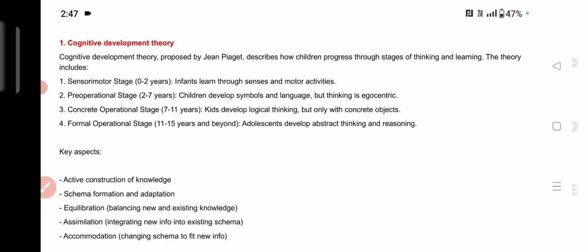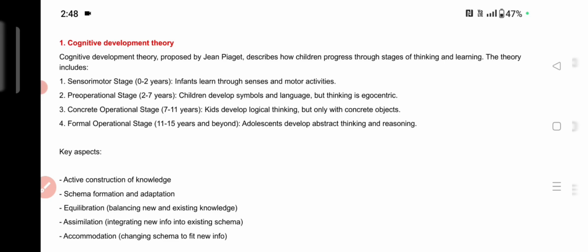So actually the cognitive development theory is proposed by Jean Piaget. It describes how children progress through the stages of thinking and learning. The theory includes four stages: sensorimotor stage, preoperational stage, concrete operational stage, and formal operational stage.